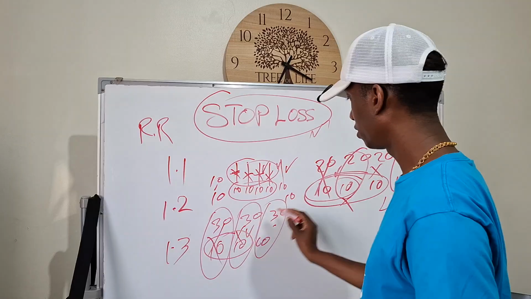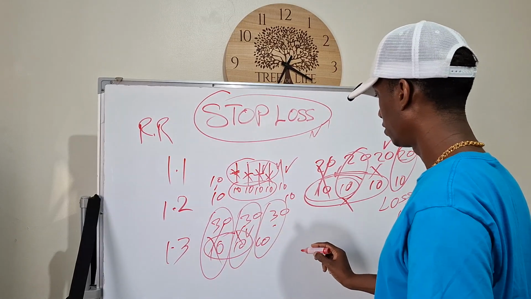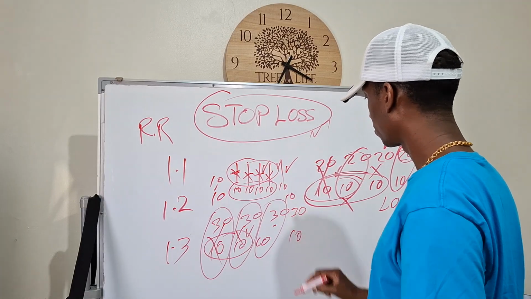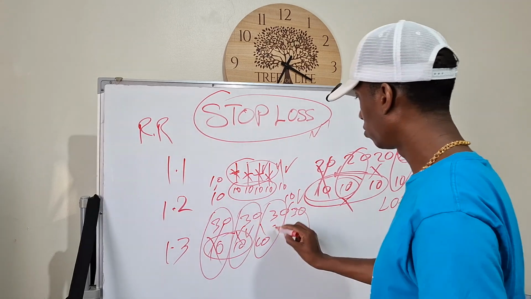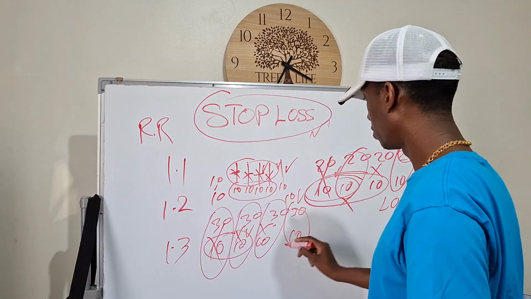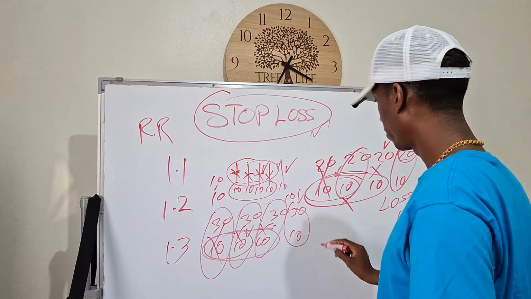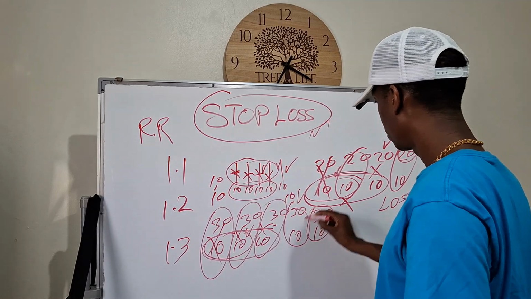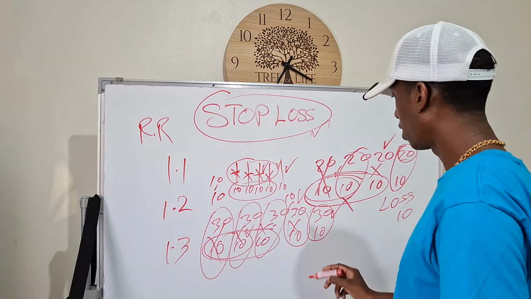You get to cover with $30, you cover the 20 loss here, and you end up with $10 still. If you got 10 again, and you win this one and you lose this one, what happens there now? You break even, so you are now flat. If you have another one, and you win this one and you lose this one, what happens there?